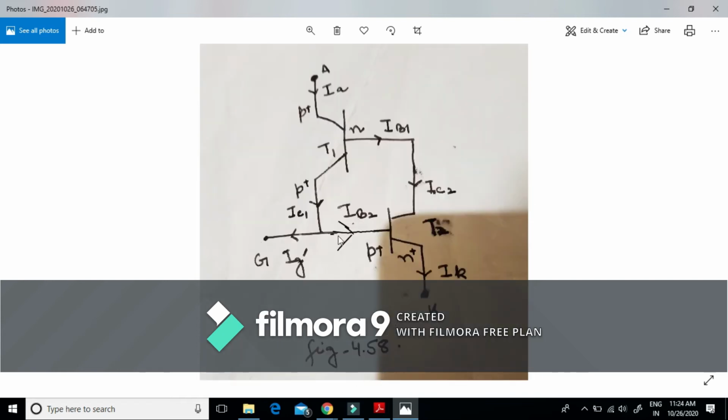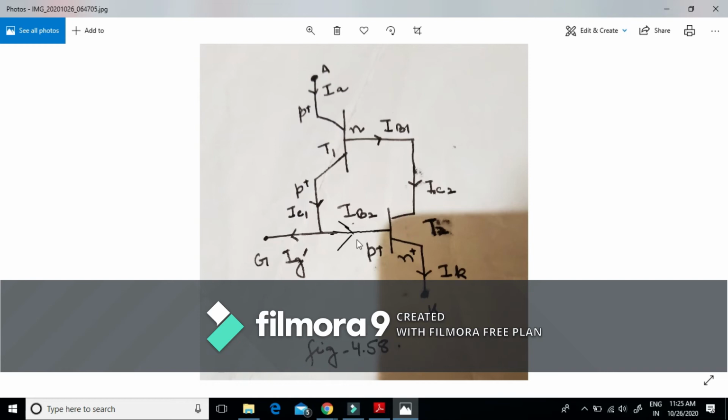So when negative gate current flows between the gate cathode terminals, the net base current is basically negative, or we can say excess charge carriers are drawn from the inner base P region of transistor T2.